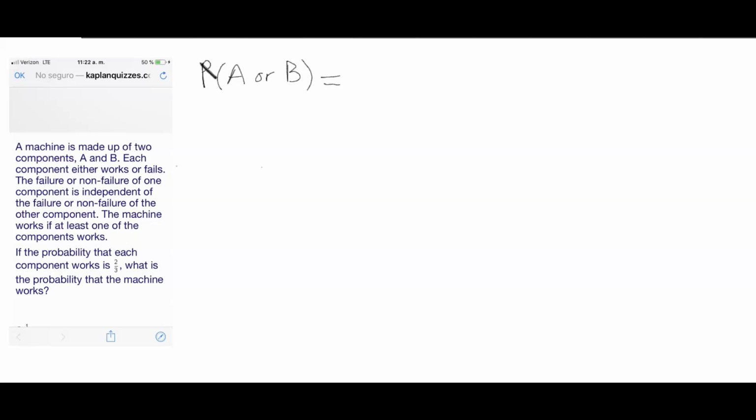Whenever you have the probability that A or B occurs, the formula is the probability that A occurs plus the probability that B occurs minus the probability that A and B occur at the same time.